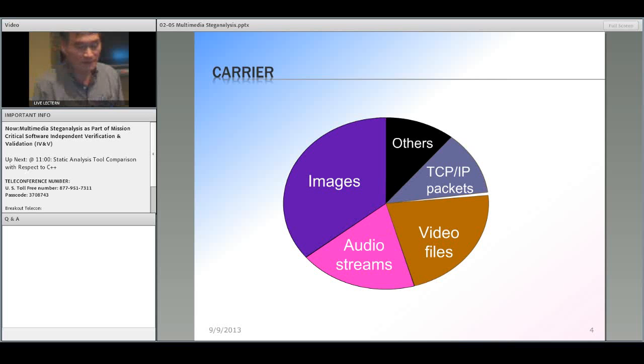Most common ones being the image, the audio, the video, but it can in fact be embedded in network packets, can be embedded in executables, can be embedded in ordinary text, can be encoded in somebody's DNA sequence. And there's endless possibilities of hiding your content to communicate on the internet.